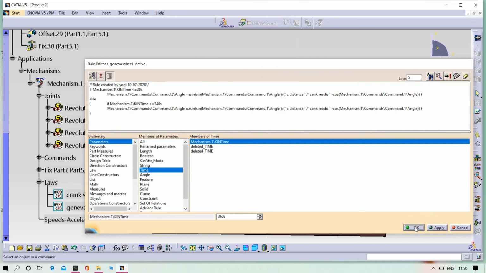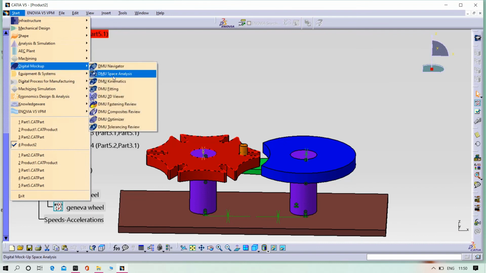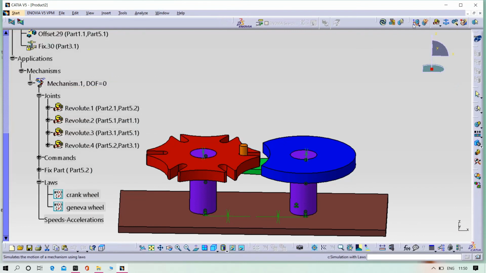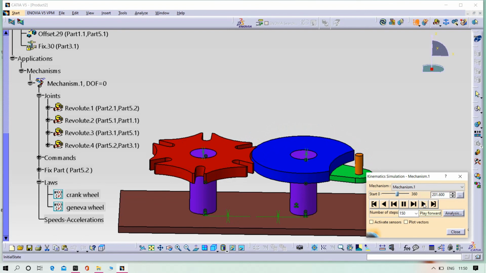It's applied. And again we need to go to the kinematics section. Let us open that. Let us see if it's working or not. Oh yeah, it is working.